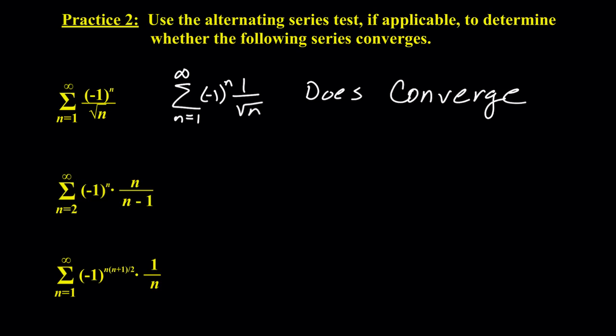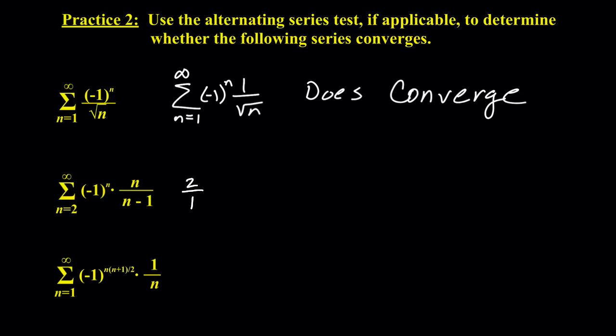All right, let's look at the next one here. This right here does cause our signs to alternate, so we do have alternating signs. Now, if we think about n over n minus 1, starting with an n value of 2, that would give you -1 squared, which is positive, 2 over 2 minus 1. That would be our first term.